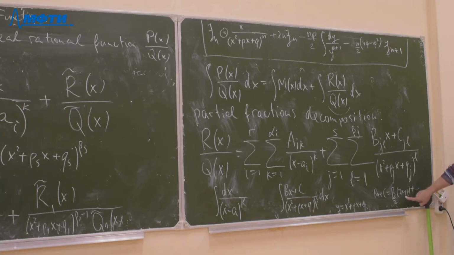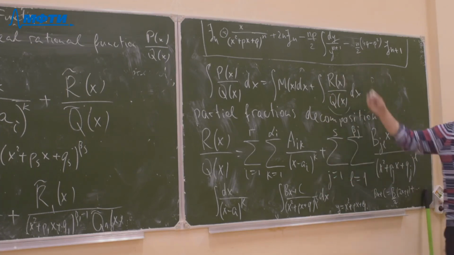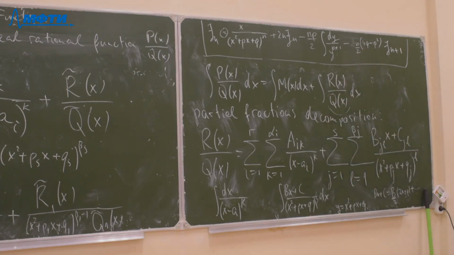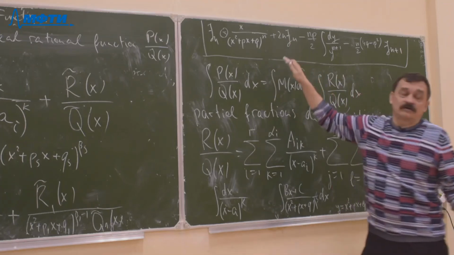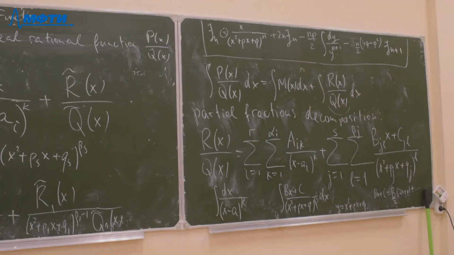The first term gives you dy over y power beta, and gives either a power function of y or a logarithmic function of y. And the last term, the recurrence formula. The recurrence formula gives an expression in terms of, so you see, either rational functions or, what was J1?